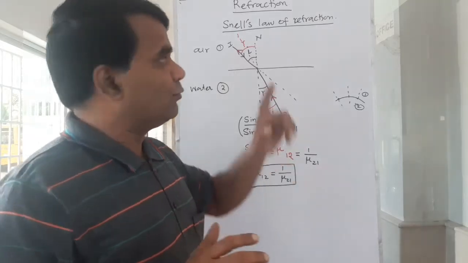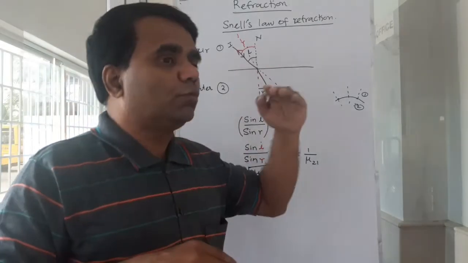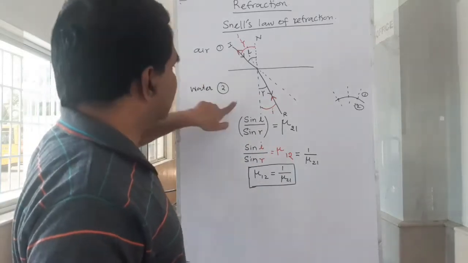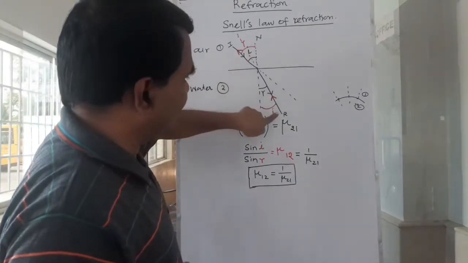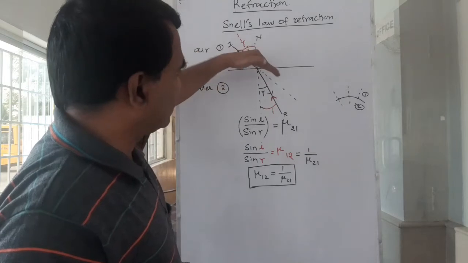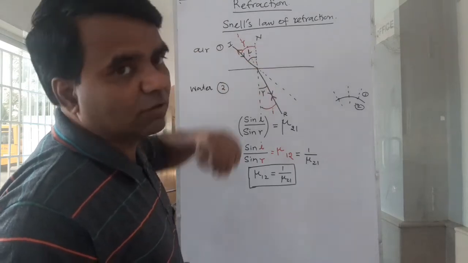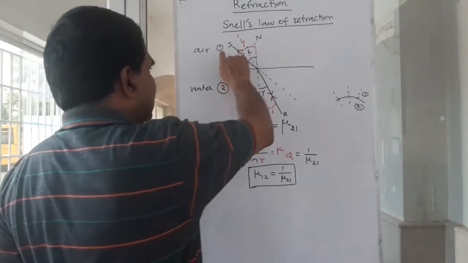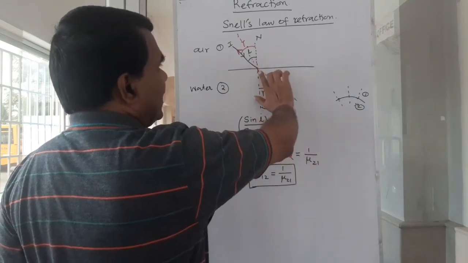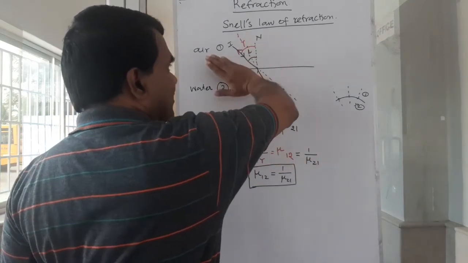It depends on what you are entering into from what. If you are entering water from air, then the incident ray after refraction bends towards the normal. If you are entering air from water, then the incident ray after refraction bends away from the normal.